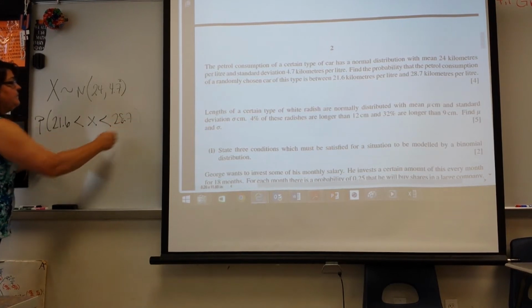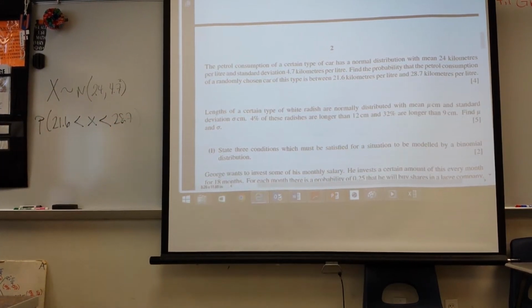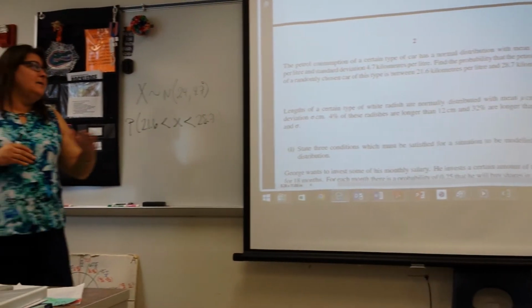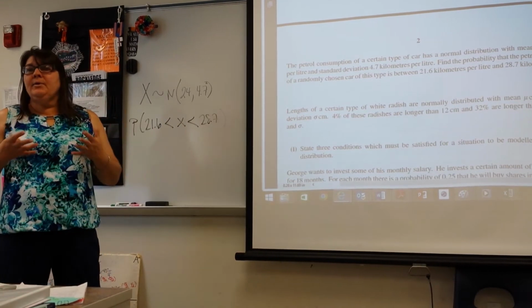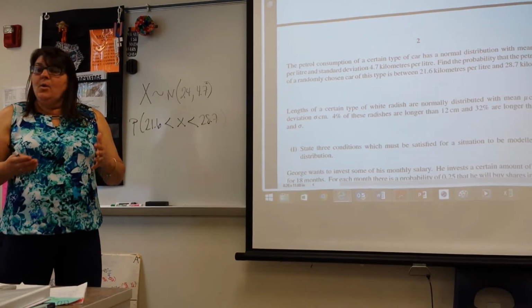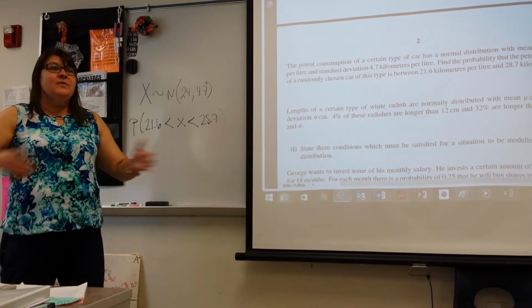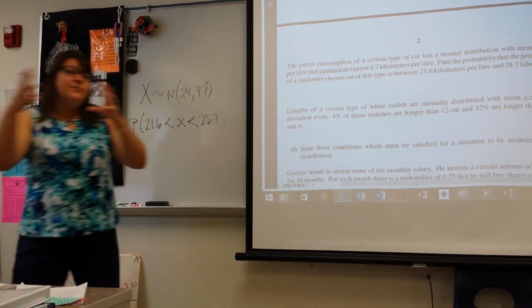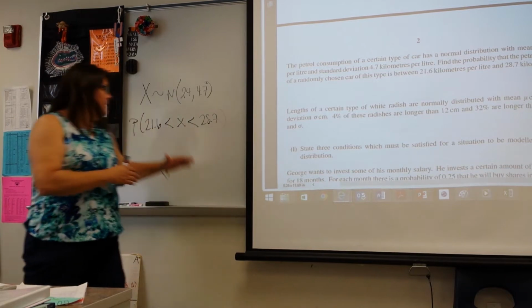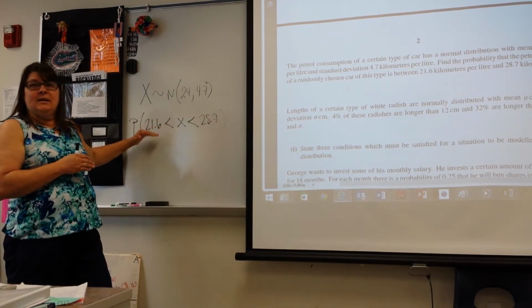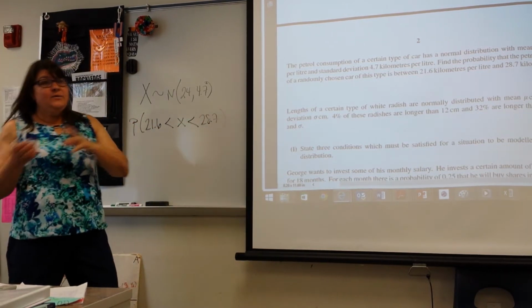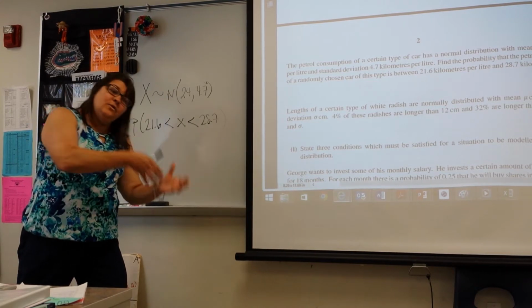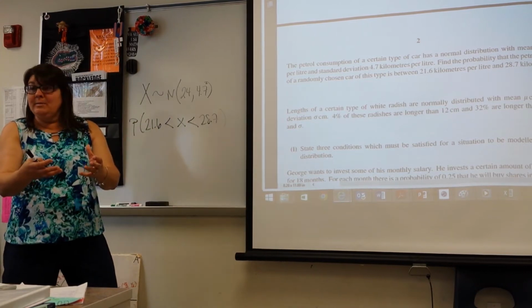Now, this is real world information, and the real world has an infinite amount of numbers. We don't have a chart with an infinite amount of numbers, so we actually have to convert them to z-scores. These will not be located in your chart. Once you convert them to z-scores, then you can find their probabilities.